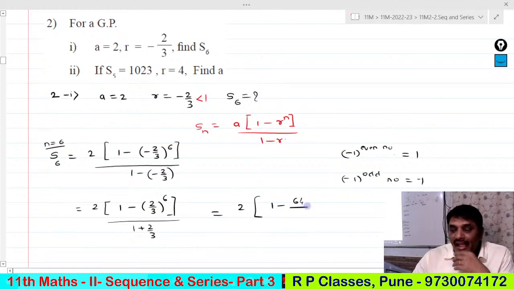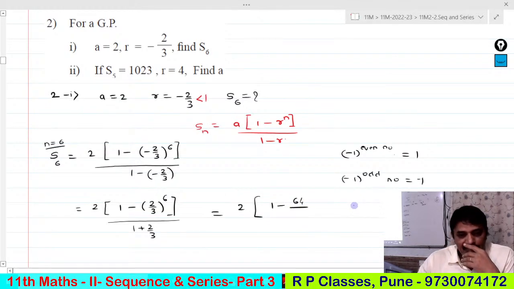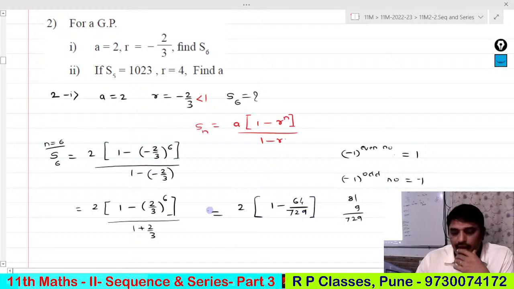And 3 raised to 6. 243. Look, how much is it? 3 threes are 9, 3 threes are 9, 7 into 9, 729. Okay, divided by 3 plus 2, 5 by 3.